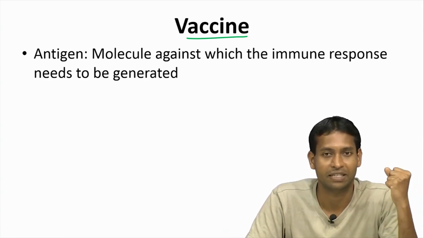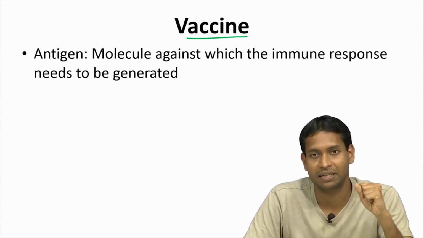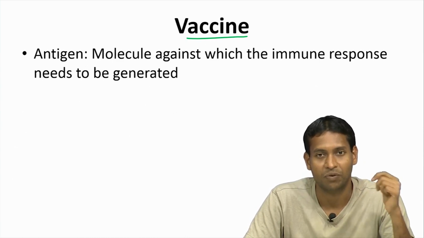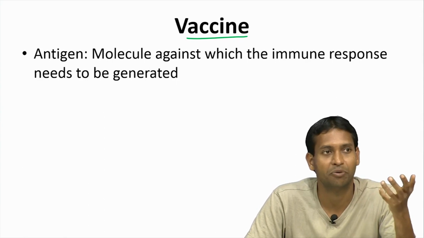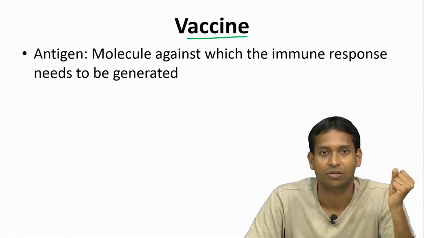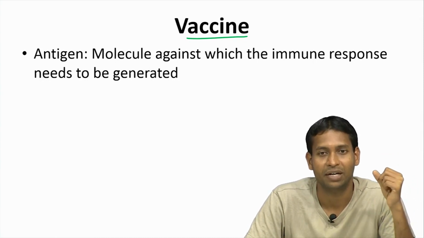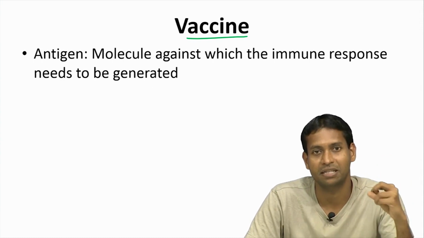Let us say we are talking about vaccines against polio. We know that polio is a very deadly disease, it is going to cause disability to the person it is infecting, and we want to make sure that our body is actually prepared when it sees a polio virus. So, basically we are generating a vaccine against it, something that is going to train our body to act whenever it sees a polio virus.